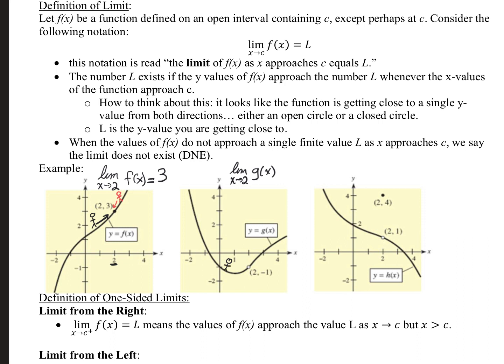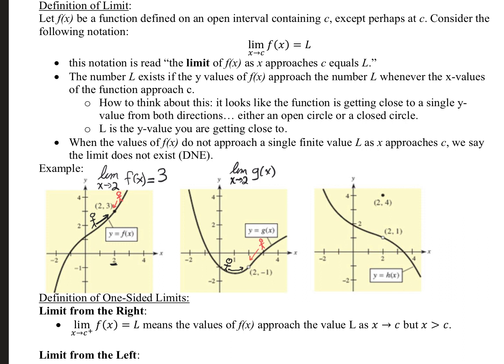So you think about if you were on the graph a little bit to the left of 2, if you start traveling towards the x value of 2, what is the y value that you're getting closer and closer to? We see that it's equal to -1, that's what we're approaching. What if somebody else was on the other side of the graph, and they start approaching x from the right side?